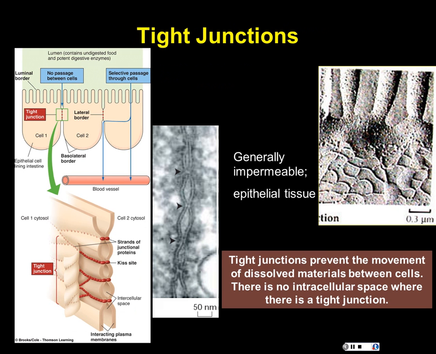The first type of junction is called a tight junction, and as its name implies, it forms a tight barrier between the plasma membranes of multiple cells. In the image shown on the far left, it's just a snapshot of two different cell membranes. So the rest of the cells are removed; it's just looking at how the membranes are held together.